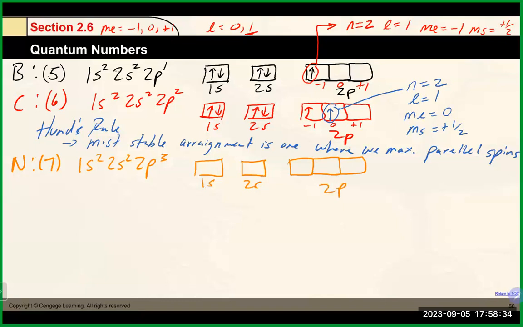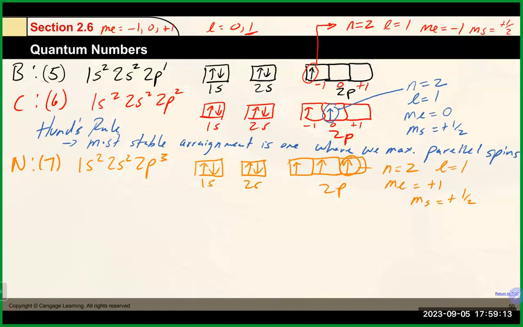All right, so we're going to go up, down, and now to maximize our parallel spins, we will put that last electron over there in that orbital at the end in the upwards direction. That's going to give us an n value of 2. The L value here is still going to be 1. Our M sub L value will now be plus 1, and our M sub S will be plus 1/2, again because it's pointing upwards.